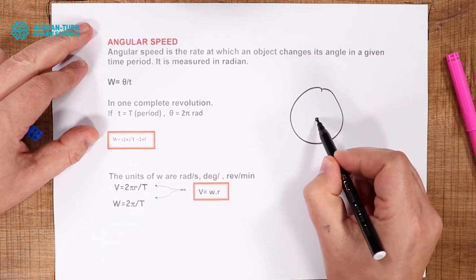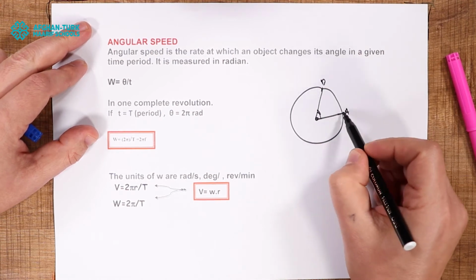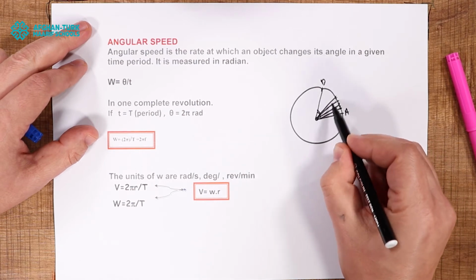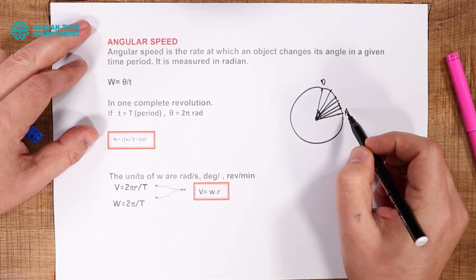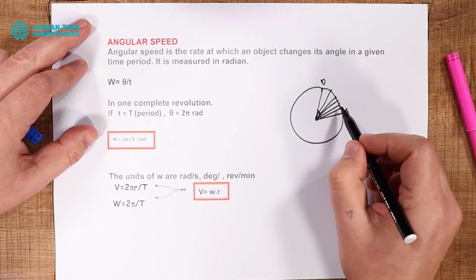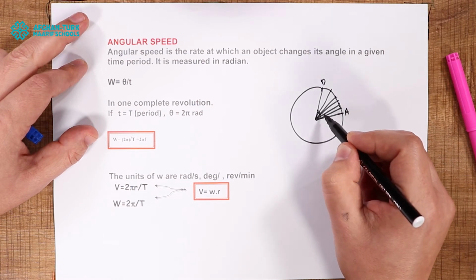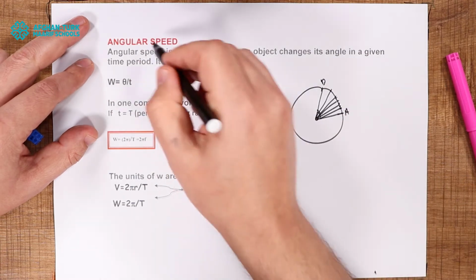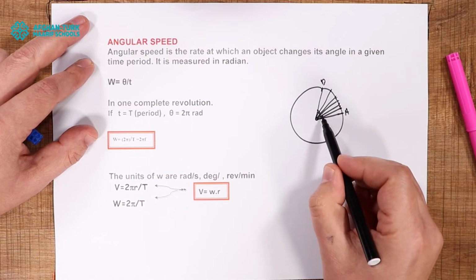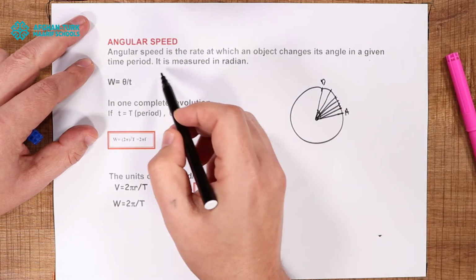Let's suppose this is point A and this is point B. If the body moves from A to B, how much time is taken to change this angle theta? So this is angular speed. The definition: angular speed is the rate at which the object changes its angle in a given time period.